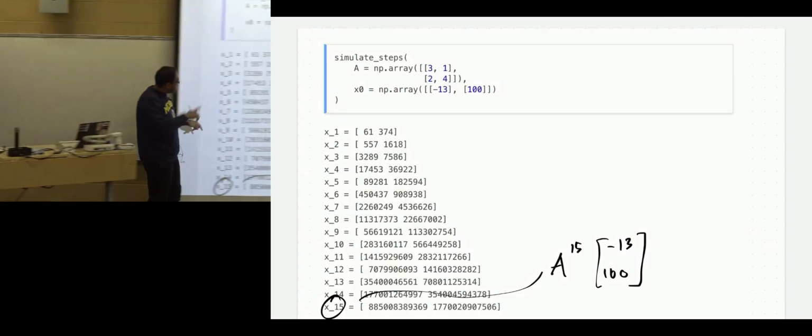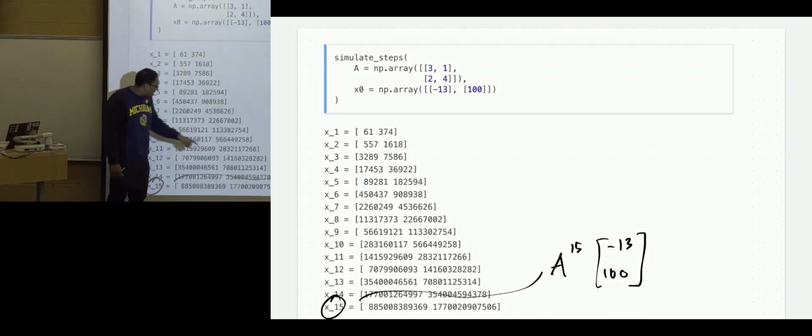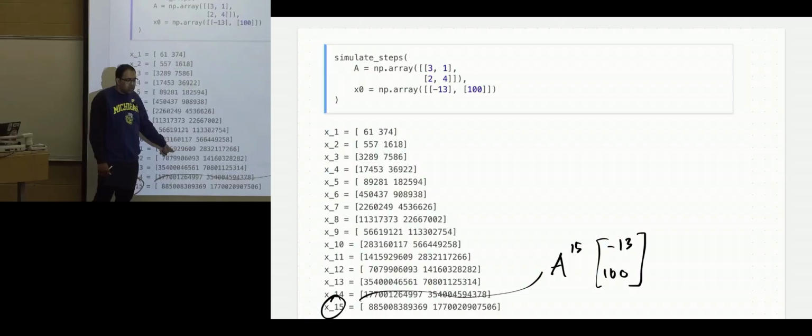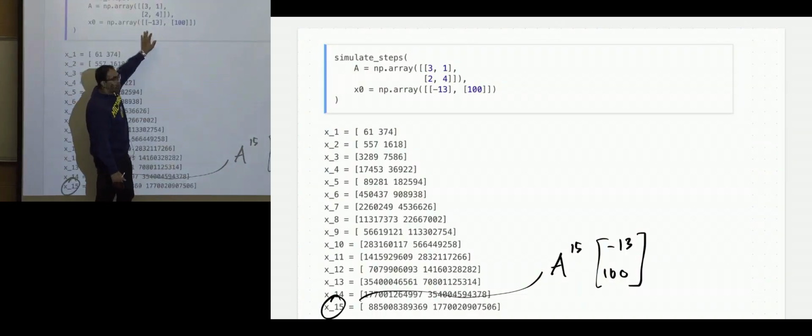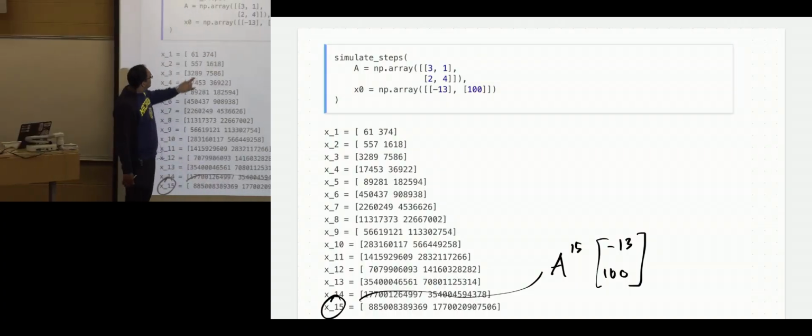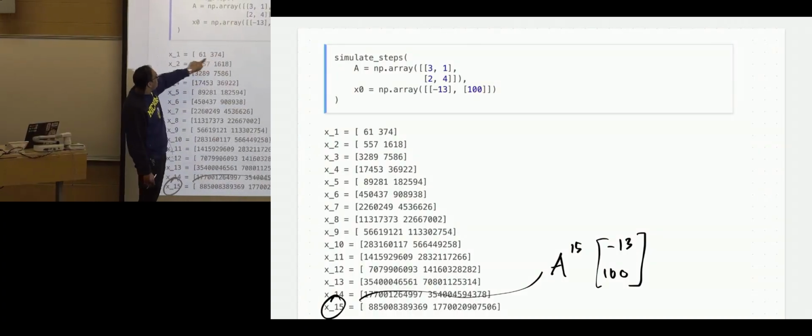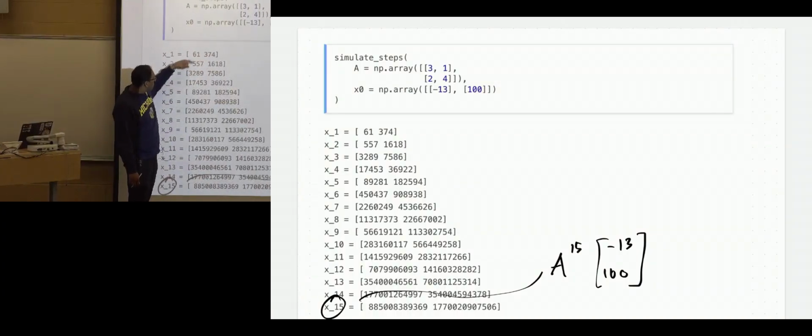Note that as these numbers get bigger and bigger, the second number looks like double the first one. That's definitely not the case to start off with. 100 is not anywhere near double negative 13. And even in the first case, 374 is way bigger than double 61. But as we iterate more and more, the second number looks a lot like just the first one times 2.